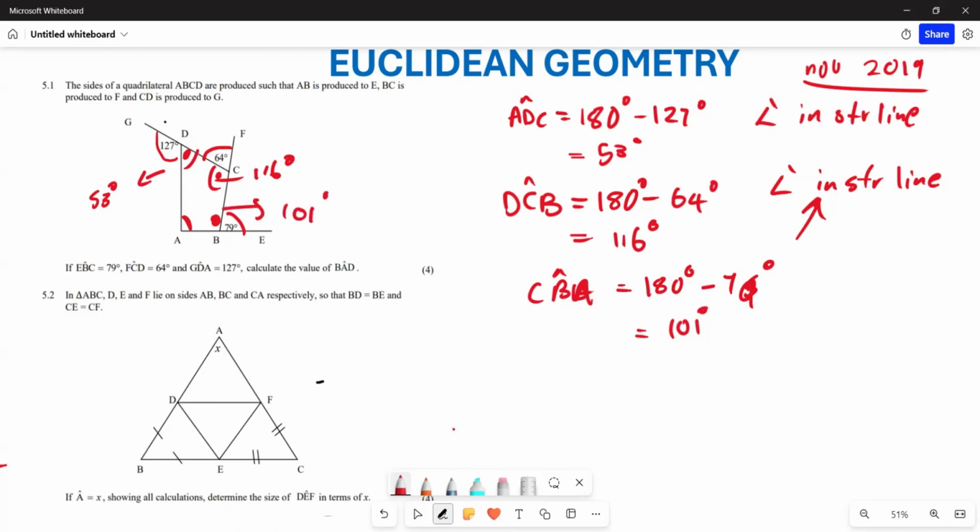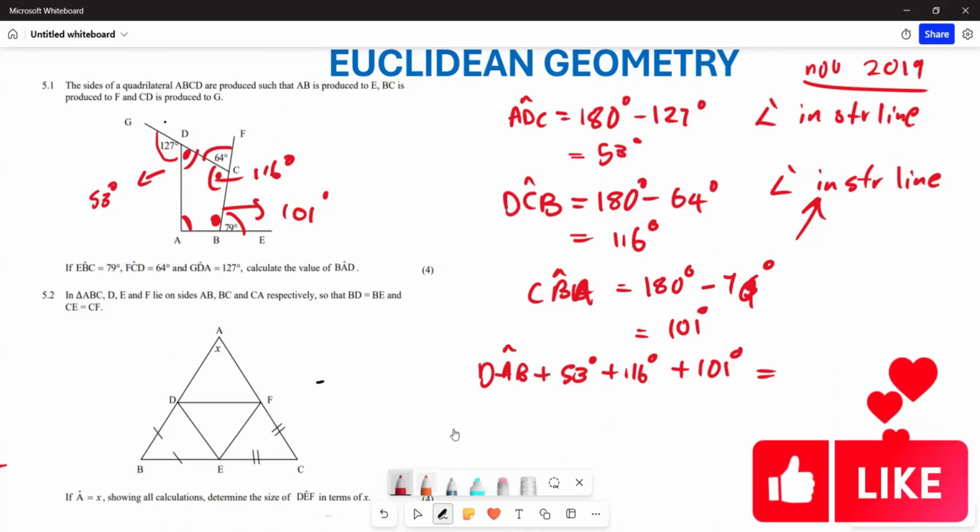Now that we've found all these angles, what are you going to do? We are going to say my angle DAB plus 53 degrees plus 116 degrees plus 101 degrees is going to be equal to 360 degrees.